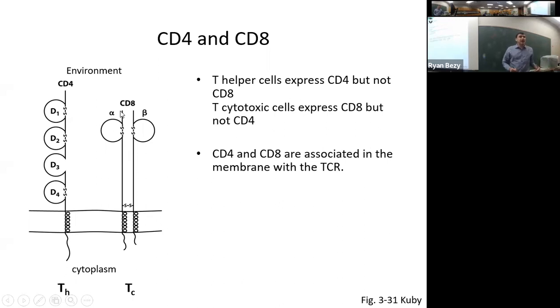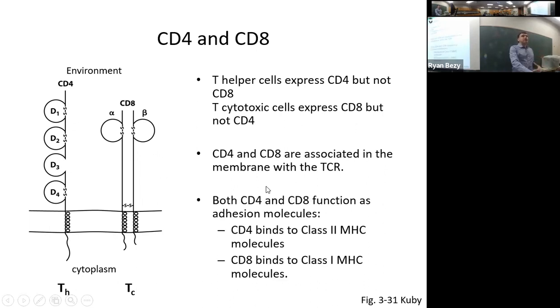Okay, but they are associated with the T cell receptor. You have either a CD4 T cell receptor complex on T helper cells, or you have a CD8 T cell receptor complex on T cytotoxic cells. So here's my T helper cell, here's my T cytotoxic cell. These function as co-receptors. In essence, they're what are called adhesion molecules in this particular case.